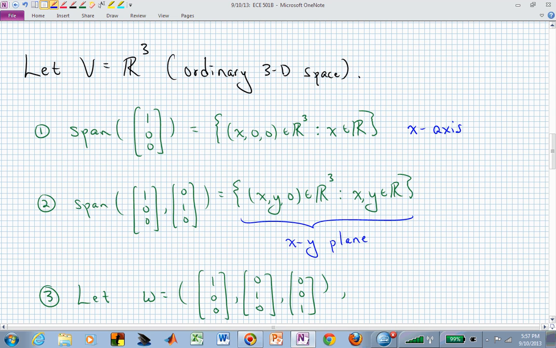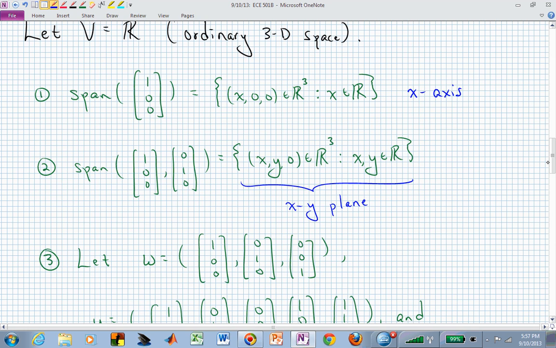Let's say that we're dealing now with these examples coming from V, the vector space V. Our first example shows us what we mean by span. If we say the span of this list, and in this case the list is of length 1, it has simply one vector object in it, and that particular object is capable of producing the x-axis.